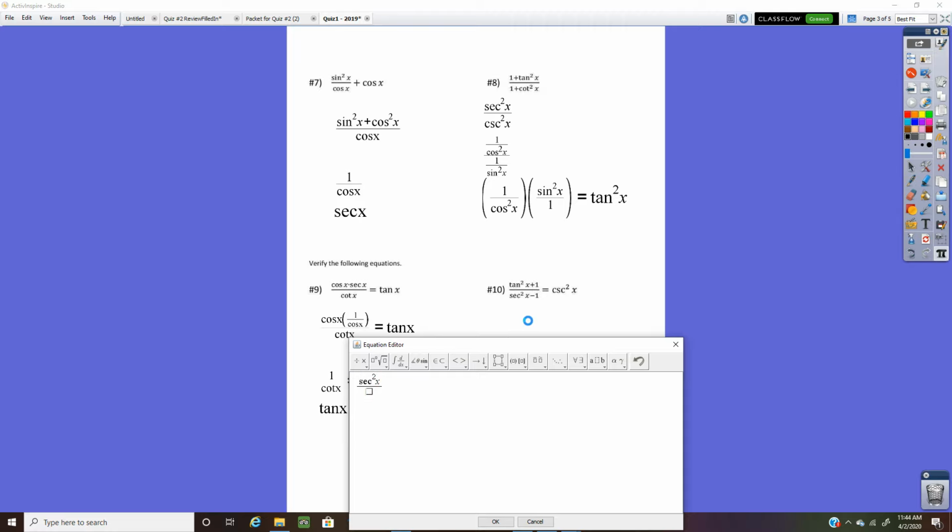And then secant squared minus 1 would be tangent squared. Does that equal cosecant squared x?